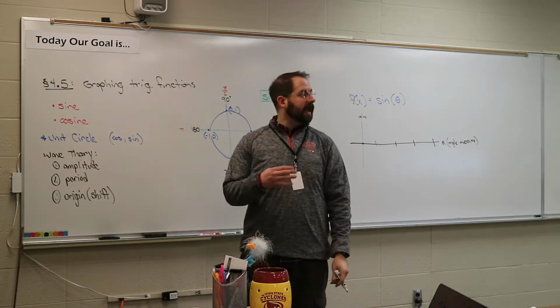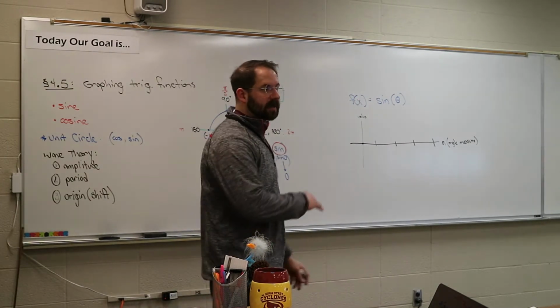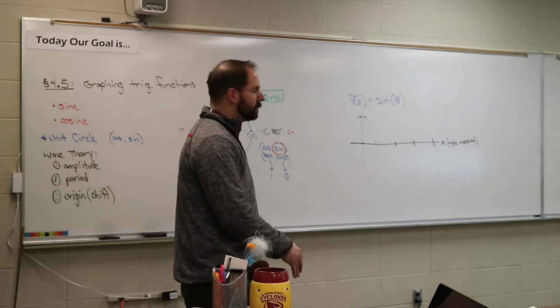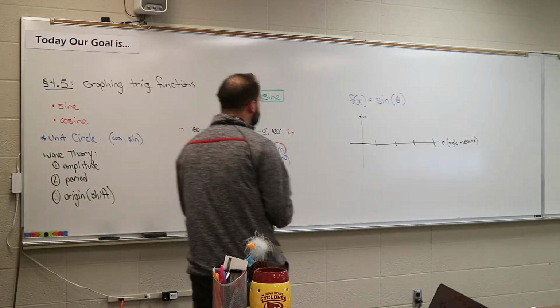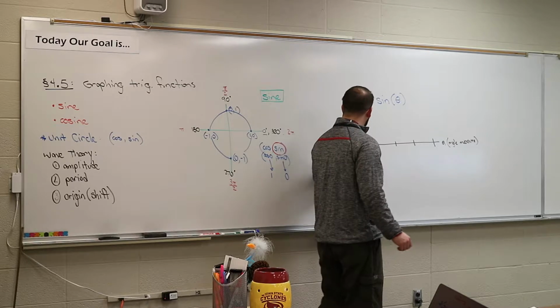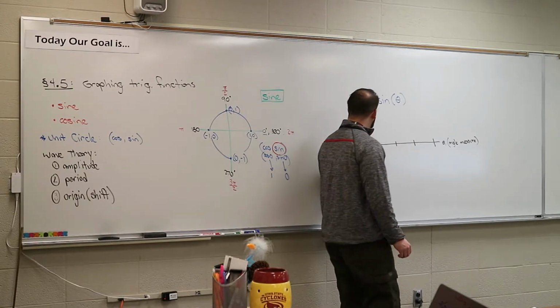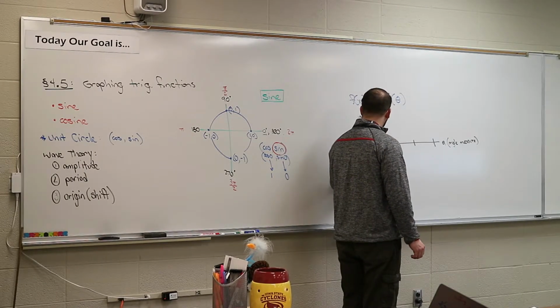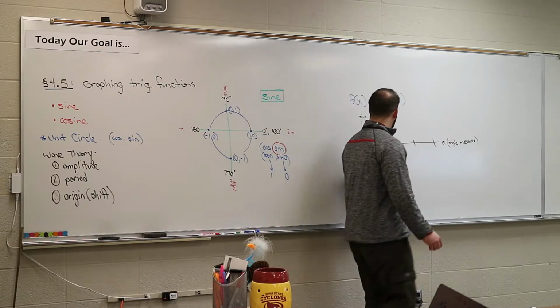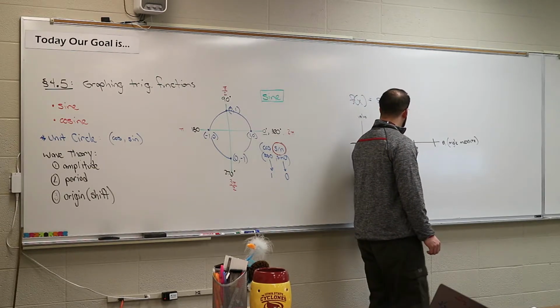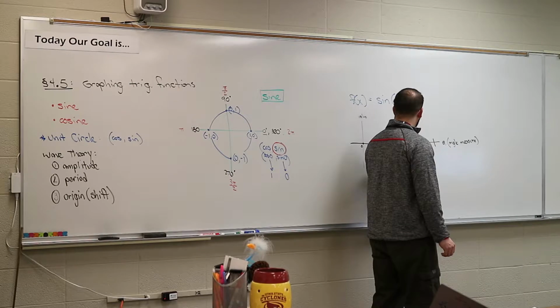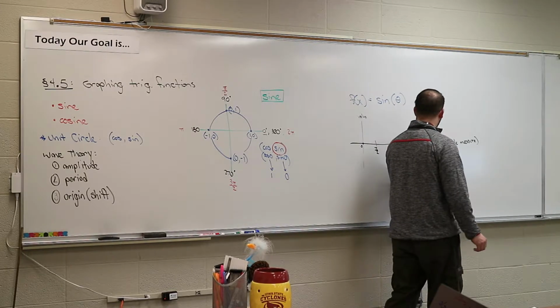So we're in control of the angle I plug in. That's my independent axis. Now, this would obviously be 0 degrees, 0 radians. This will be pi over 2 radians, 90 degrees. Then 180, 270, and 360.